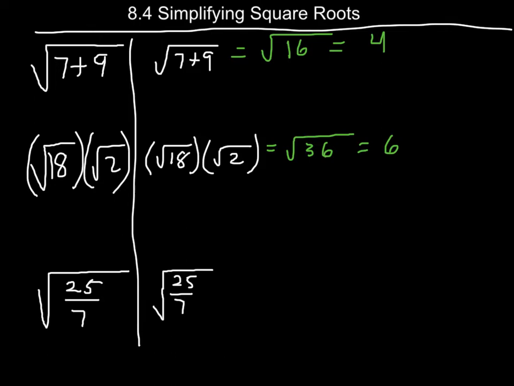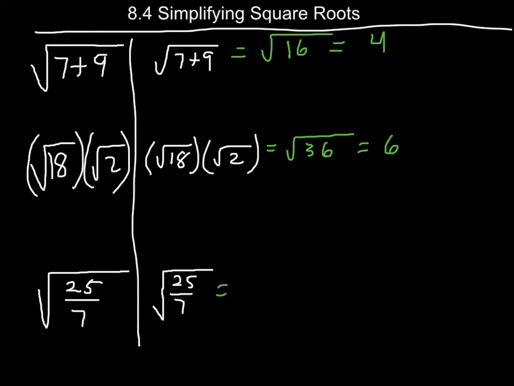Now, looking at the last one down here, I have the square root of 25 over the square root of 7. And I noticed that unlike this one, I could not do the little problem inside here. I can't divide 7 into 25. It doesn't give me a whole number. It gives me a decimal or a mixed number, so there's no use doing that. But I do notice that I have 25 on top, which I kind of like. So that means I can rewrite this like this.